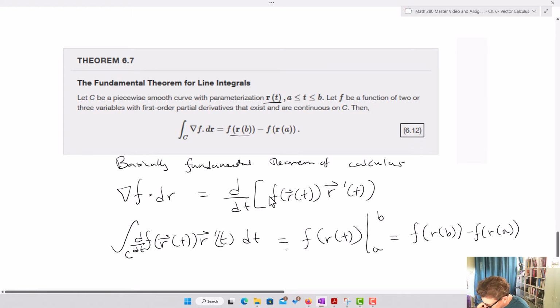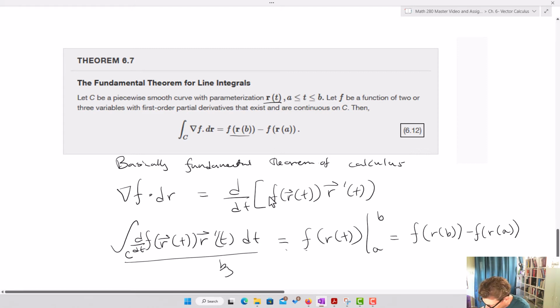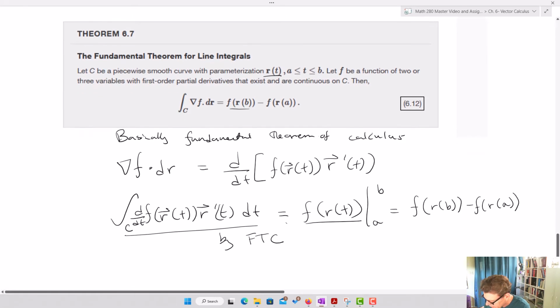So super handy. This piece here is by the fundamental theorem of calculus.